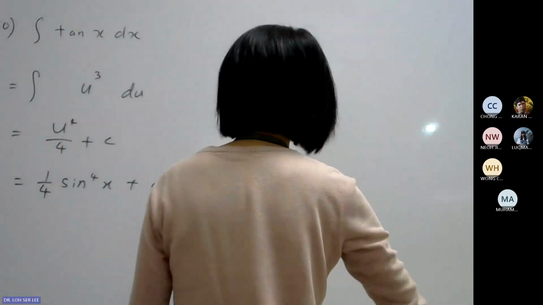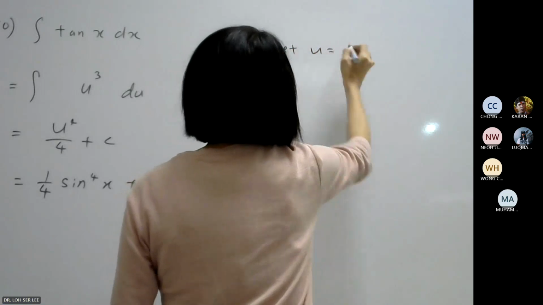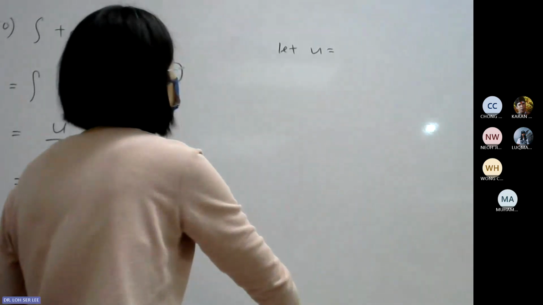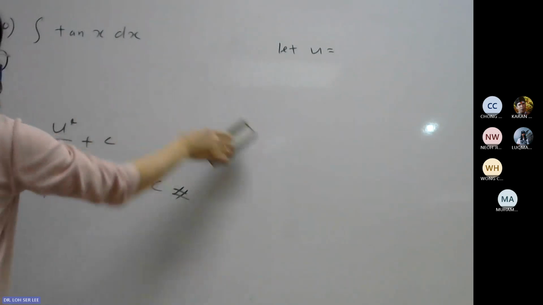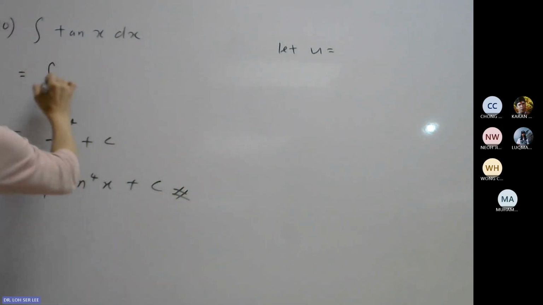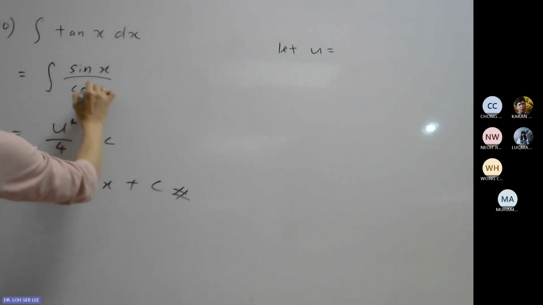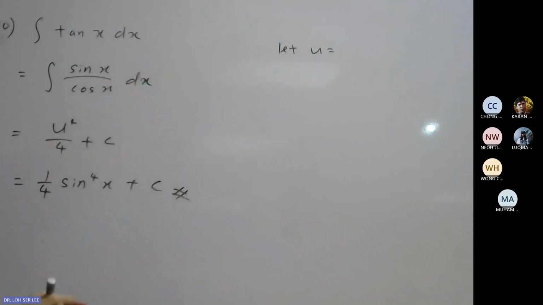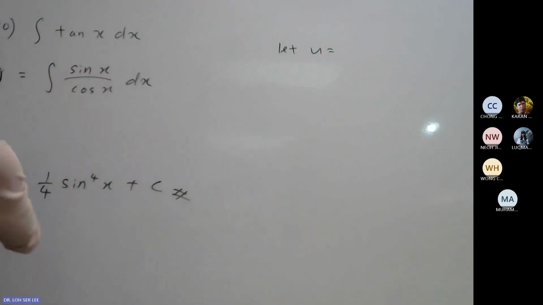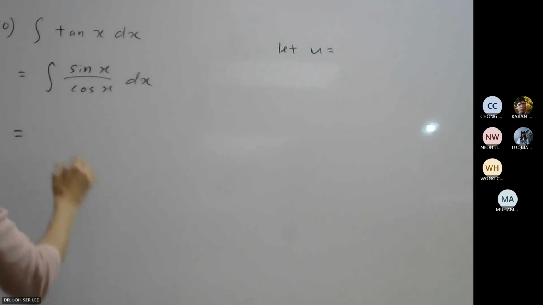Okay, number 10, what is your u? You change your tangent x into sin x over cos x, then you will know what is your u. What's your u? Cos x.